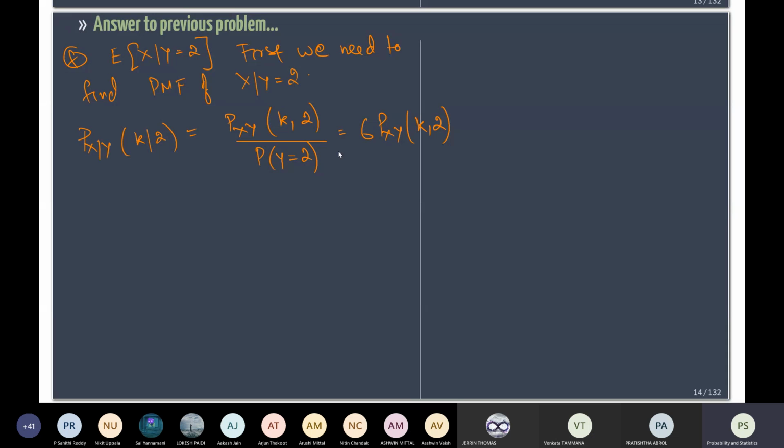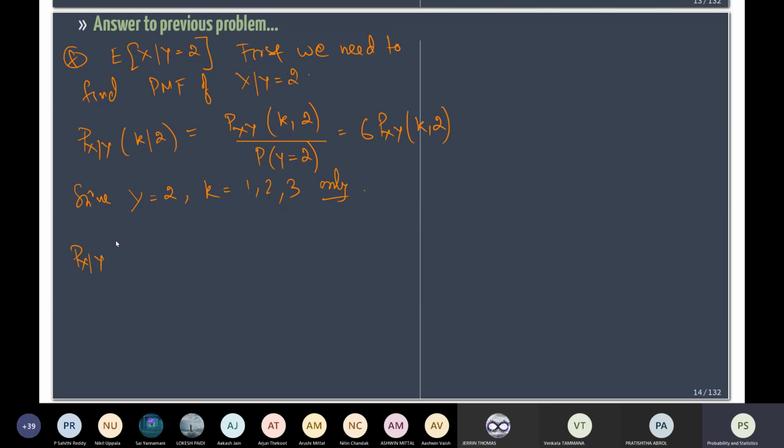Since y is fixed at 2, k will be restricted to the values 1, 2, and 3 only. So k is restricted by that, and this will save us in writing this compactly.